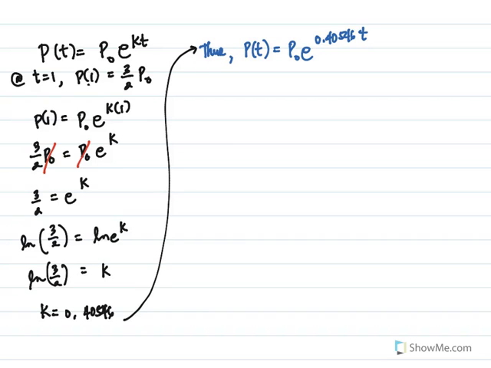So this is the population at any time t as a function of t and whatever is the initial population P naught.